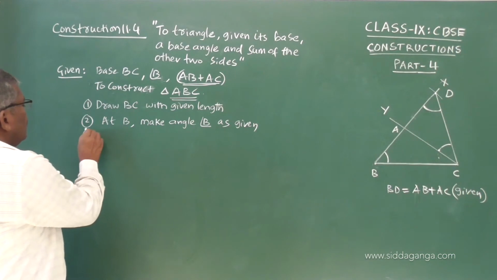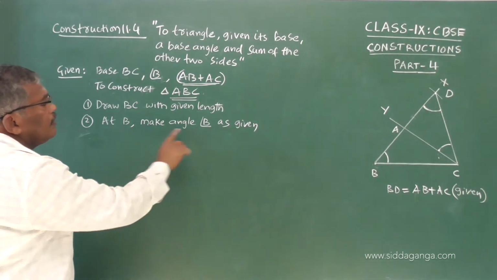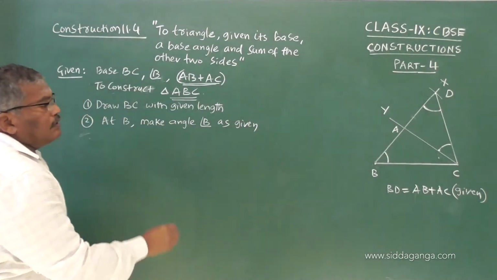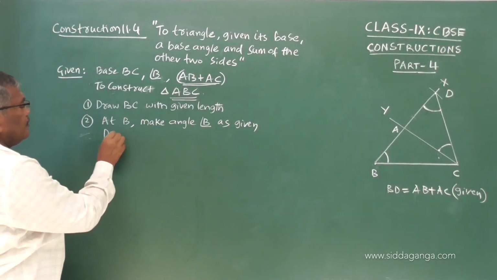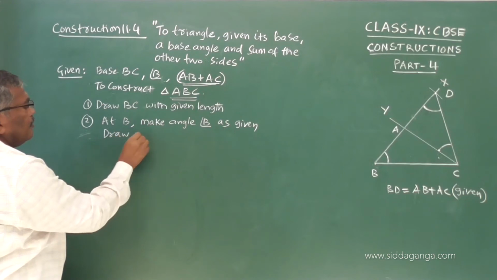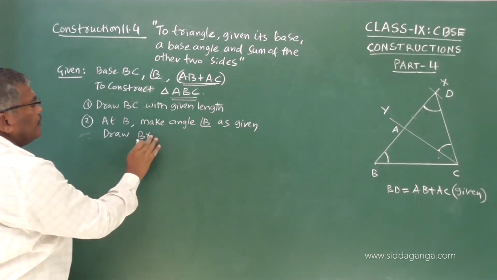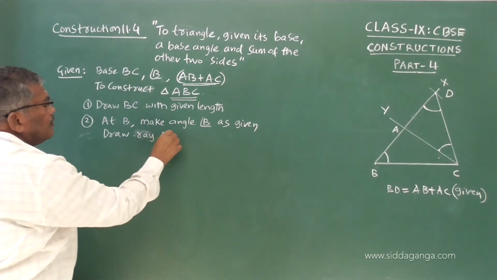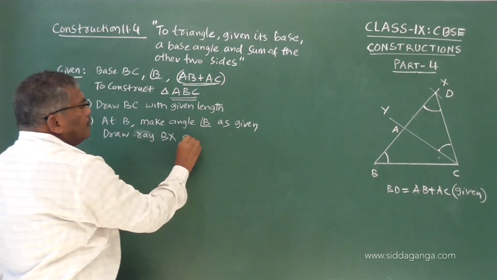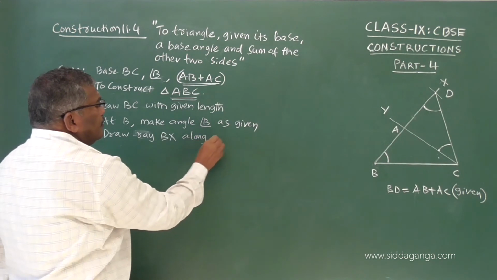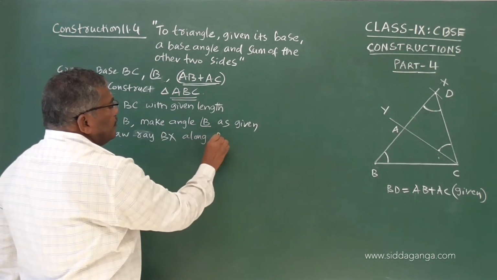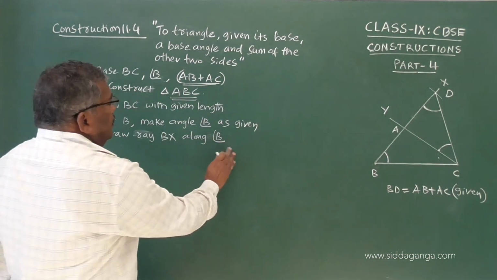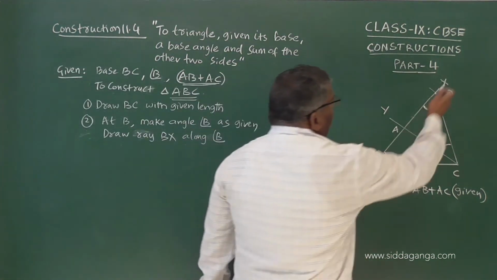Third, after you draw this angle line, draw ray BX along angle B. So now we got BX.